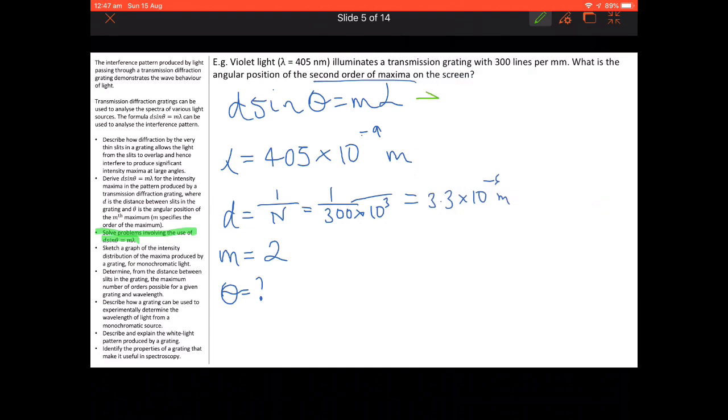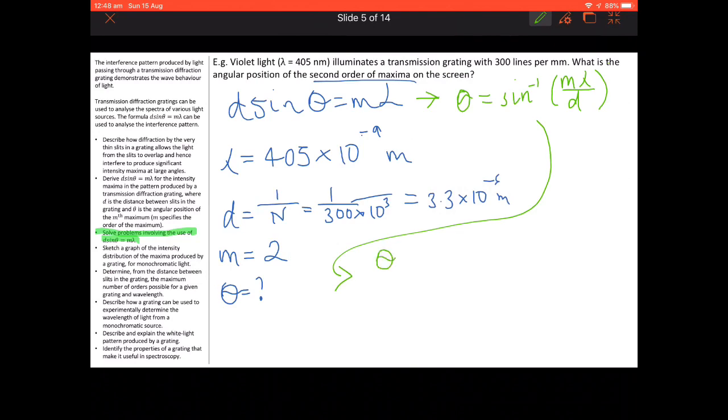So I'll rearrange this formula now to make theta the subject. So theta is equal to inverse sine of m lambda on d. I'm going to continue this down here just where I've got more room.